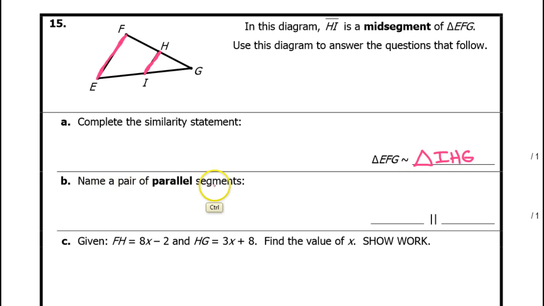Now, name a pair of parallel segments. Oh, that's what I just spoke of. So, segment HI will be parallel to segment EF.